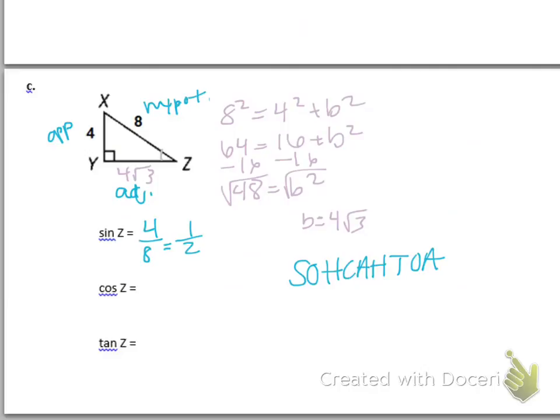Cosine is my adjacent, so 4 square root 3 over my hypotenuse, which is 8. I'm going to type that in my calculator to see what it simplifies to, and it simplifies to square root of 3 over 2. And then tangent is my opposite, so 4 over my adjacent. So I'm going to type that in my calculator to get the square root of 3.